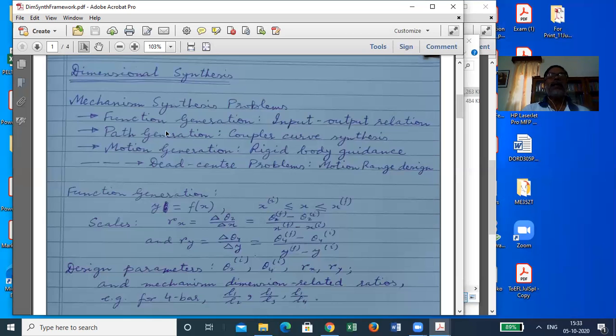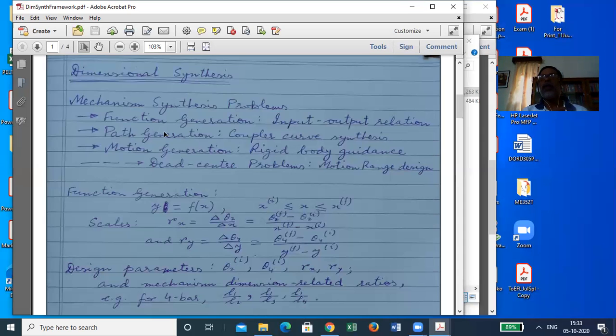Then there is the problem of path generation. You may want one point of one link to traverse a particular curve. Okay, so just one point of a link you want to traverse on a curve.